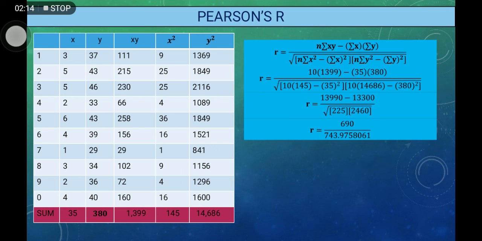Para makuha natin si R or si TCOM is 690 divided by 743.9758061 equals 0.93. So, ang ating R is 0.93 or ang ating TCOM.